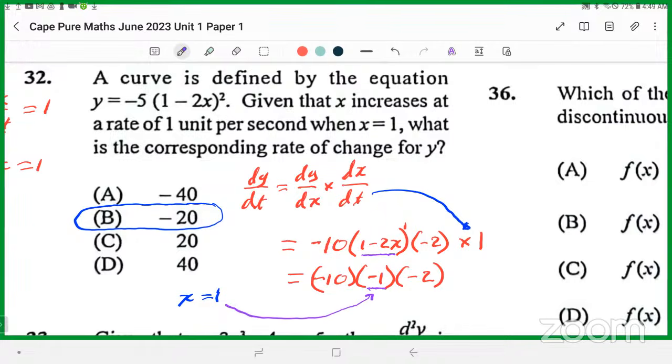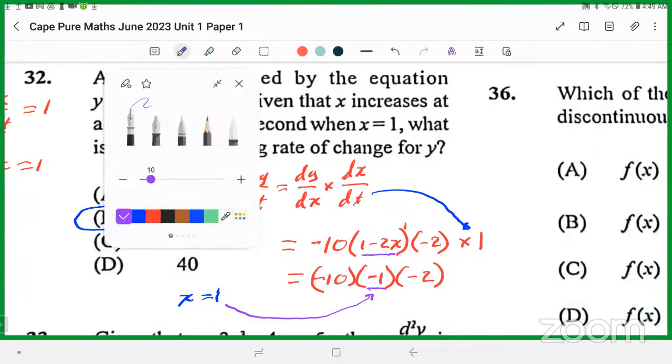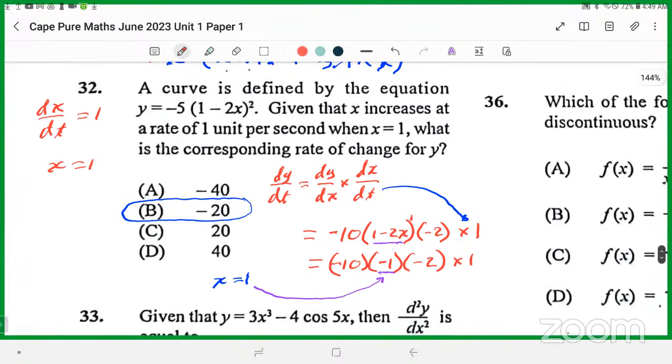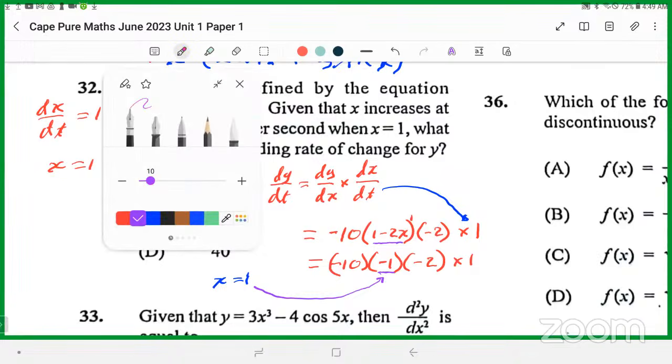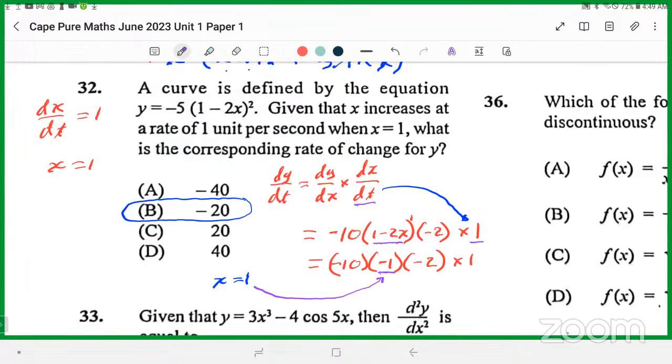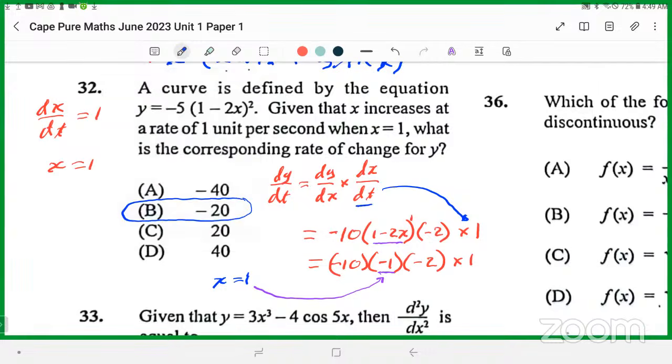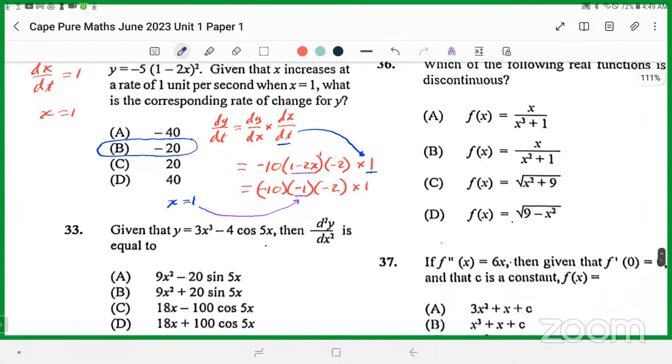So we get 1 minus 2, which is negative 1, times this 1 out here. Times 1. So that's a negative 20 in the end. Okay, let's underline these as well. This is this, in a different color. All right, that's for the document.